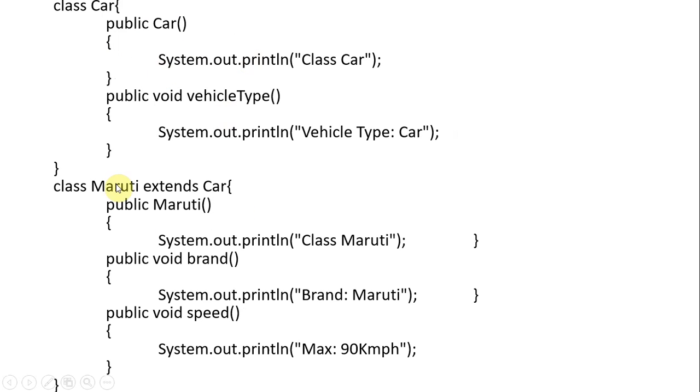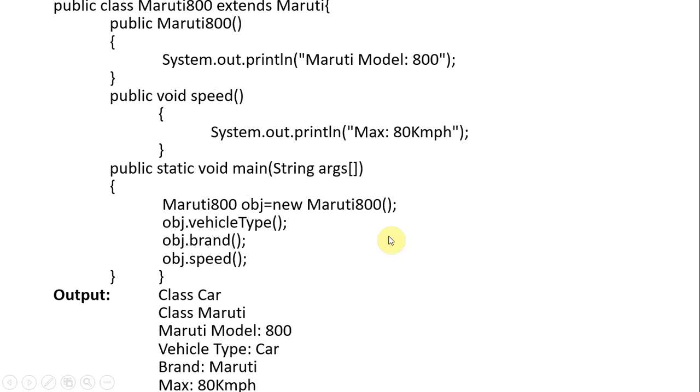The immediate parent is Maruti; Maruti 800 has another grandparent, class car, but the immediate parent is Maruti. So super calls the Maruti constructor, and in the same way it calls the parent constructor. The execution starts from class car, then class Maruti, then Maruti 800. Then we go on with vehicle type, brand, speed.